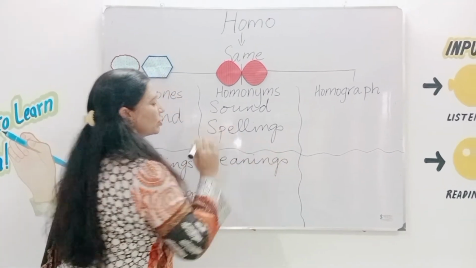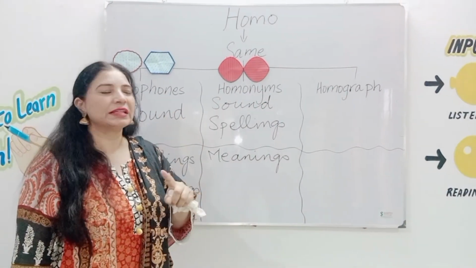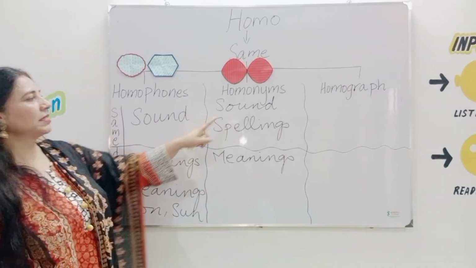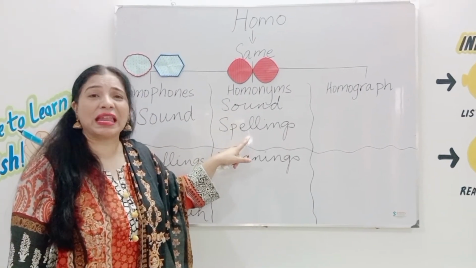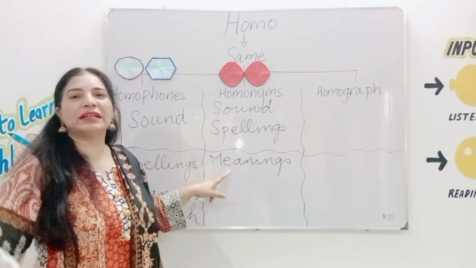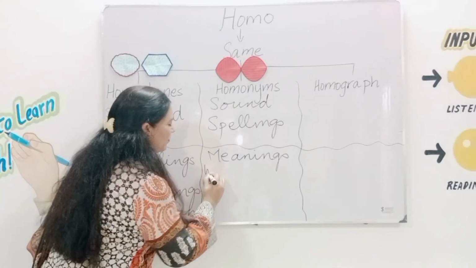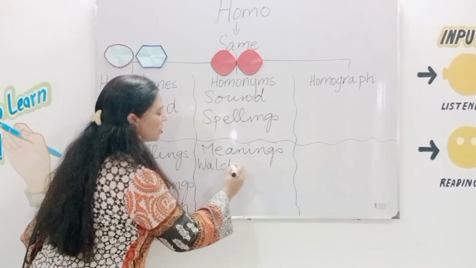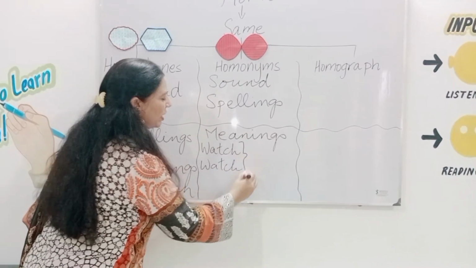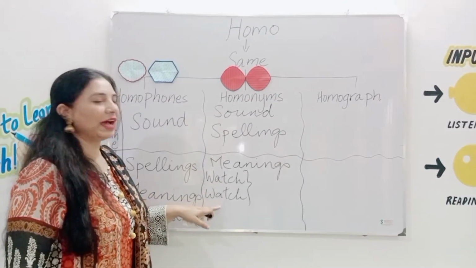So, homonyms are the pair of words that have the same sound and the same spellings, but their meanings and their usage in the language are different. For example, if I say watch and watch. Now, if you look at this pair of words, both have the same spelling and both have the same pronunciation.